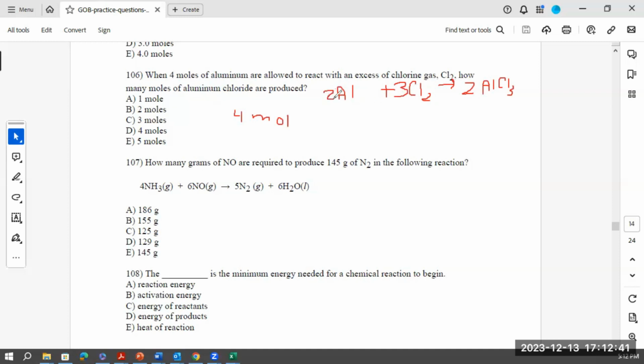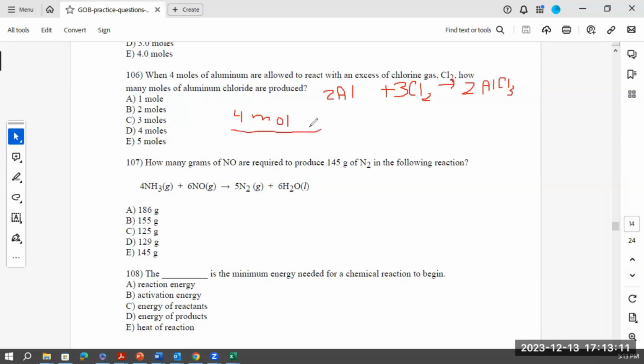Okay, so now if we have 4 aluminum, then we know that the ratio is a 2-to-2 ratio, isn't it? 2-to-2 for aluminum chloride. So for every 4 moles of aluminum, we'd expect to get 4 moles of aluminum chloride, right? Okay, so the correct answer is D. So let's see if I can write that out so that it makes sense.